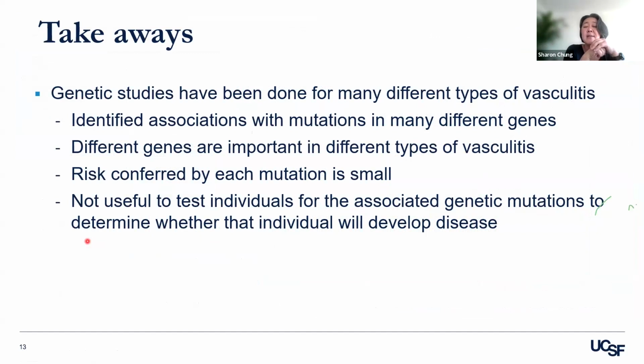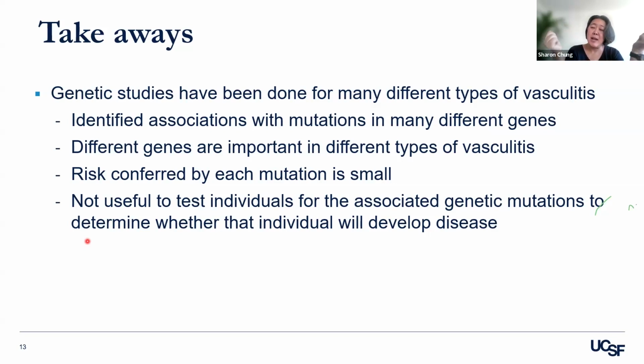The risk conferred by each of these mutations is really quite small. And so because of that, it's really not useful to test individuals for the associated gene mutations to determine whether or not that individual has a particular disease or will develop a particular disease.